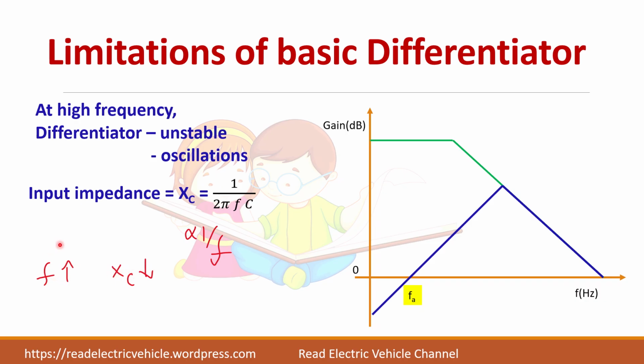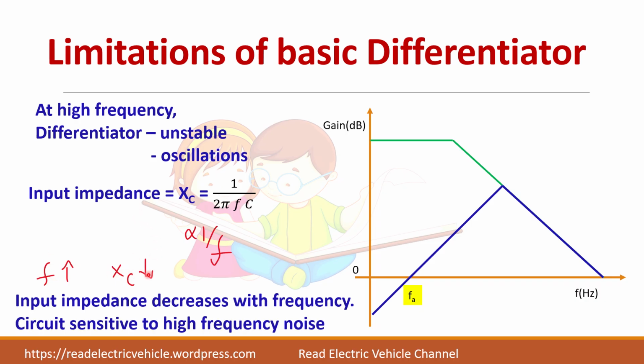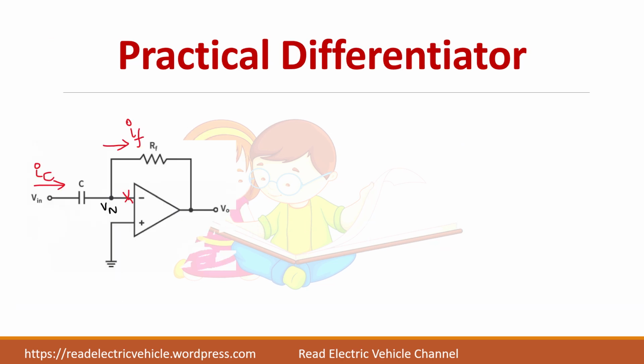It means that at high frequencies, input impedance is very less. It means that it is more sensitive to high frequency noise. So there are these two limitations which we need to overcome in a practical differentiator. So we have to modify the existing circuit. Let us see how to modify this existing circuit to avoid these two limitations.